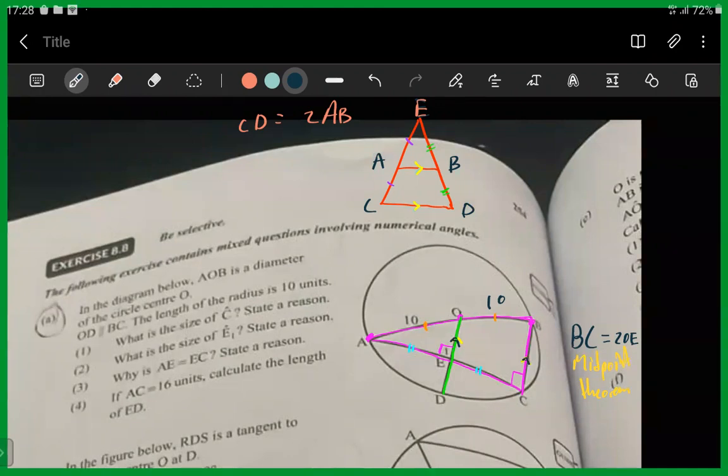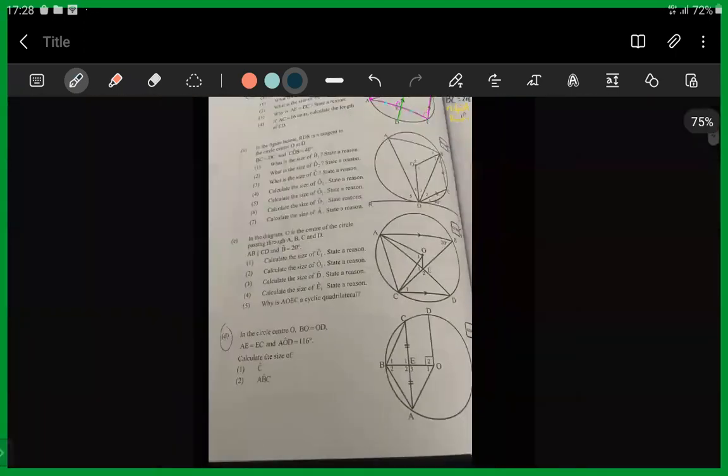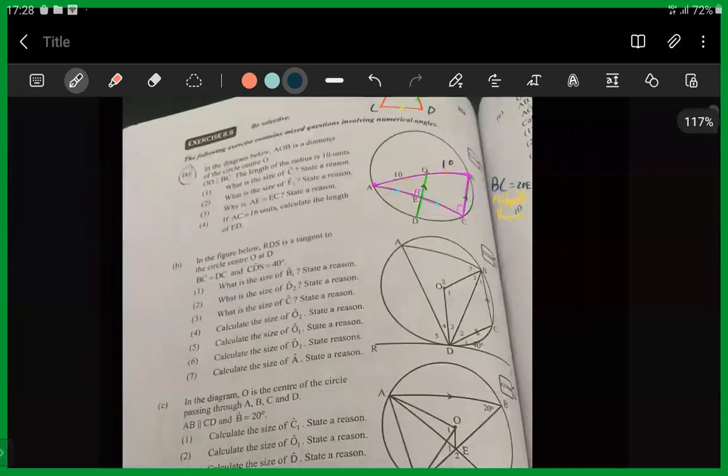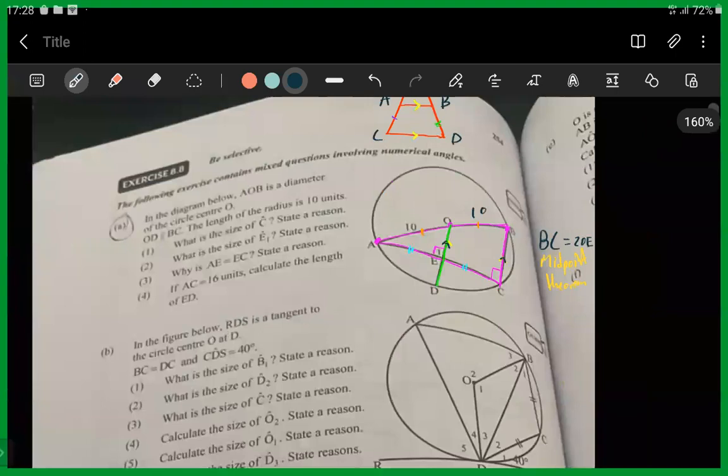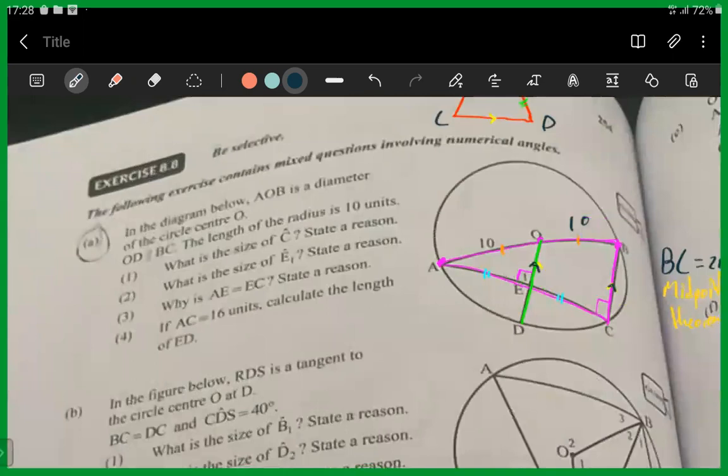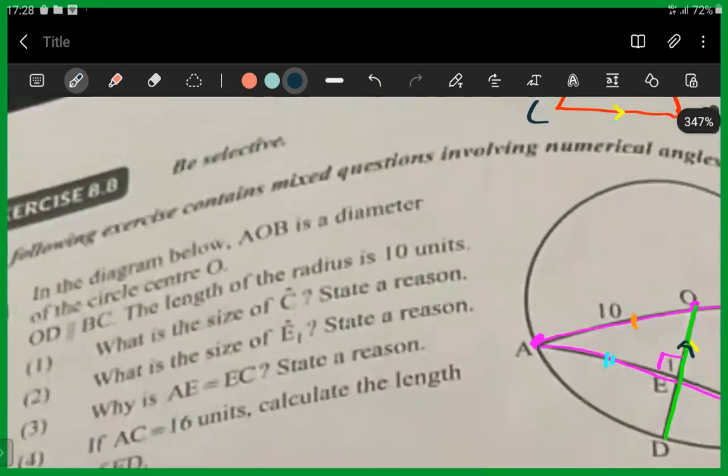Could you not say like angles in semicircle? Yes, angle in a semicircle. That's correct. You're going to say angle in a semicircle. I'm just looking for space to write, I'll just write it here. Let's see. Angle C, right?